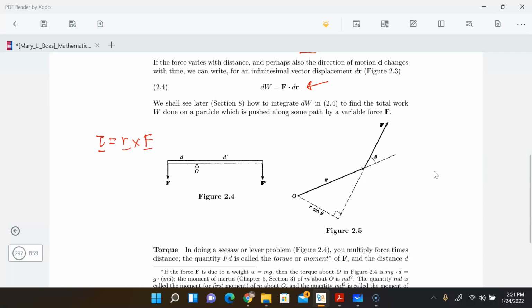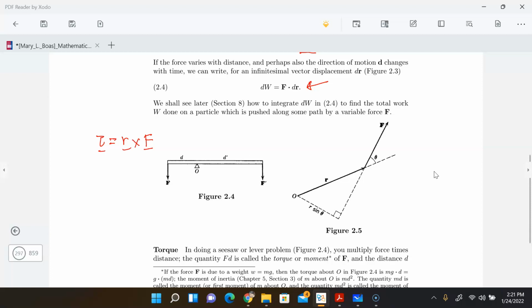Again, over here, the standard example will be this so-called lever kind of problem, where you know that if you exert force at the end, then you will be able to see this thing sort of rotates.